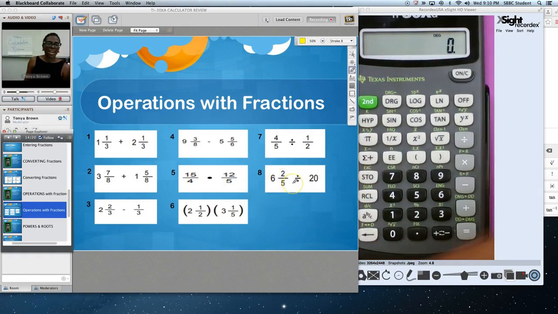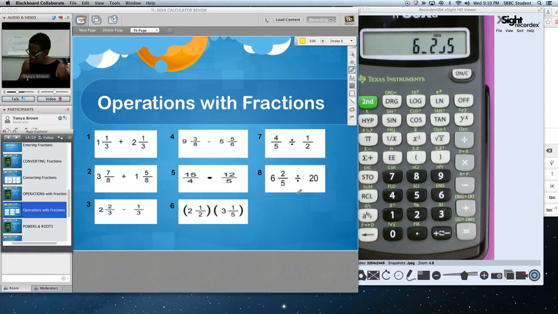Let's do number 8. And it says 6 2/5 divided by 20. So we're going to do 6, fraction key, 2, fraction key, 5. And then we're going to put divided by. Why didn't that change? Because it's already a mixed number in simplest form. So it's not going to change.